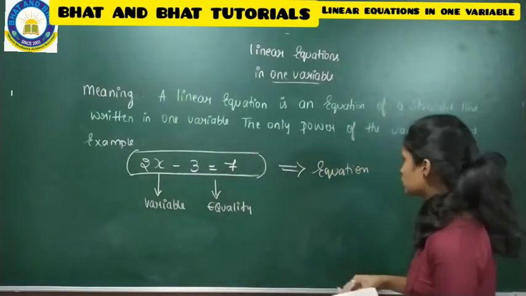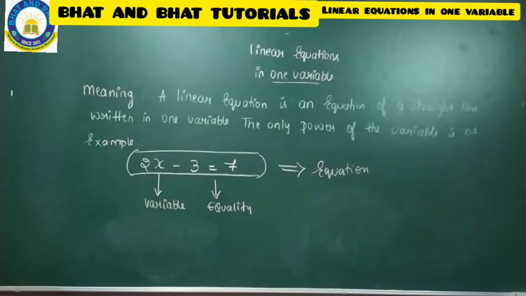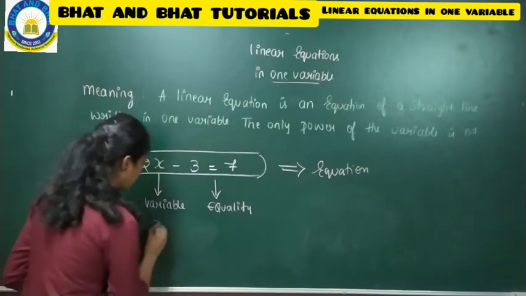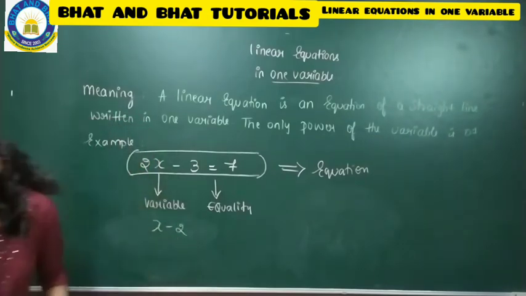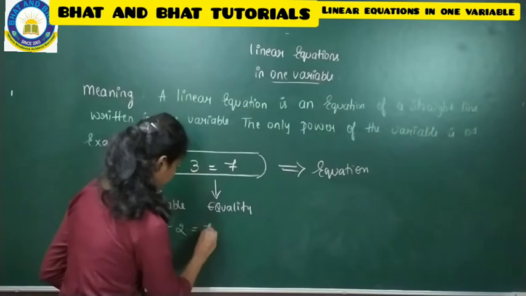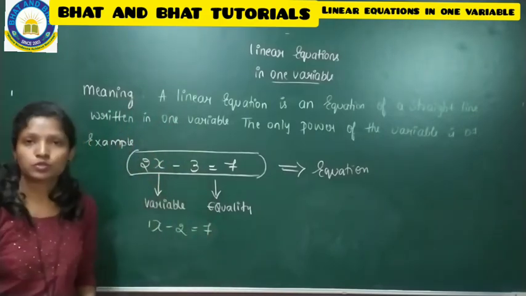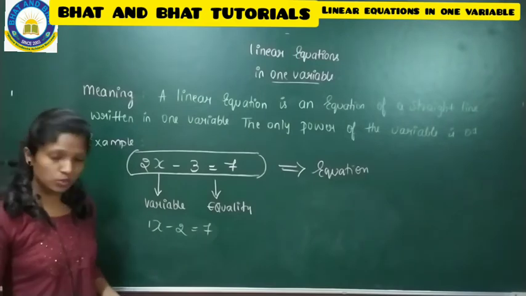The equation they have given is 2x minus 3 is equal to 7. In the same way, if I put x minus 2 is equal to 7, at that time, what do you have to do? There is no number before the variable, so you have to consider it as 1.